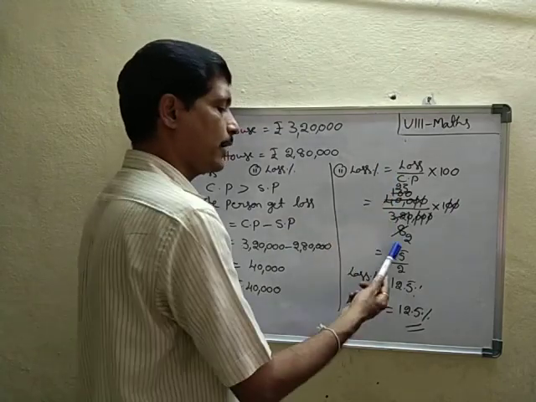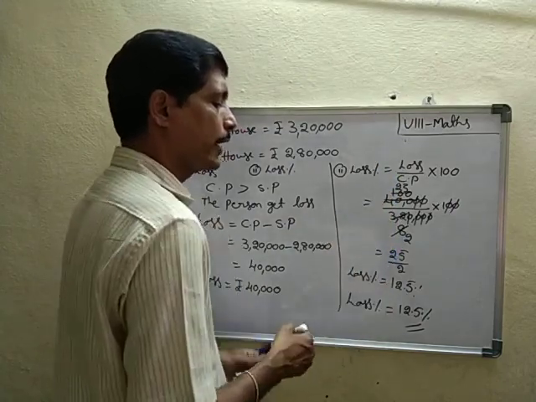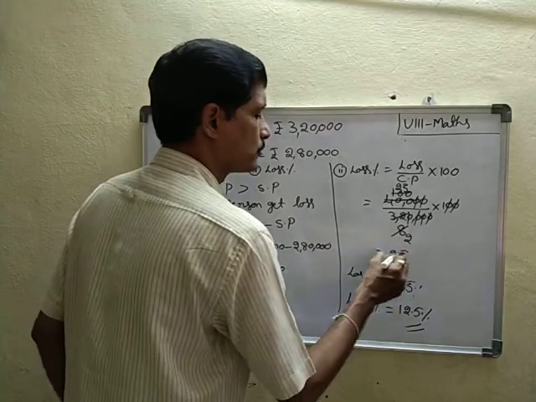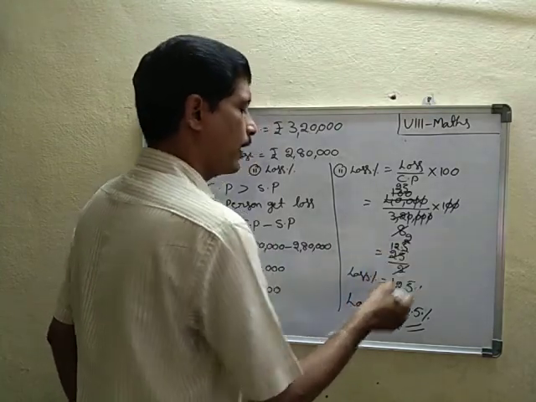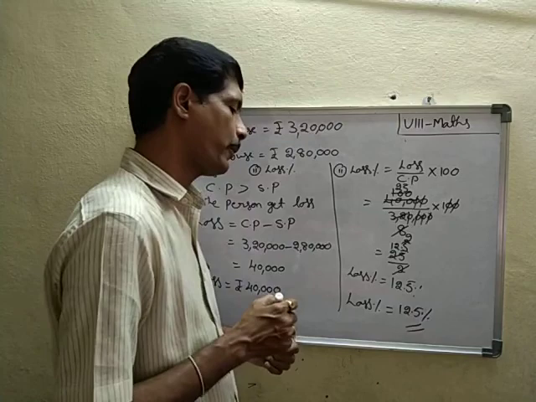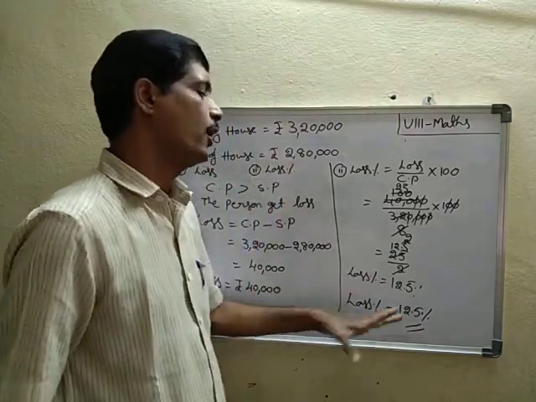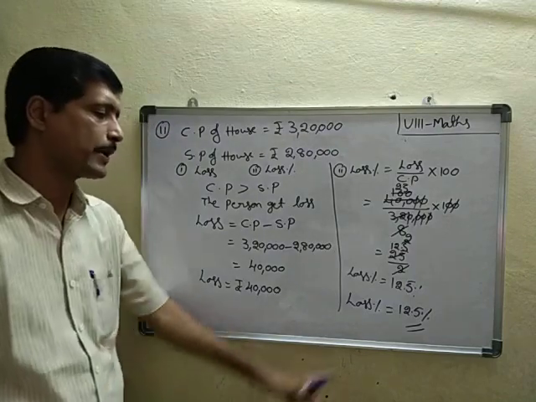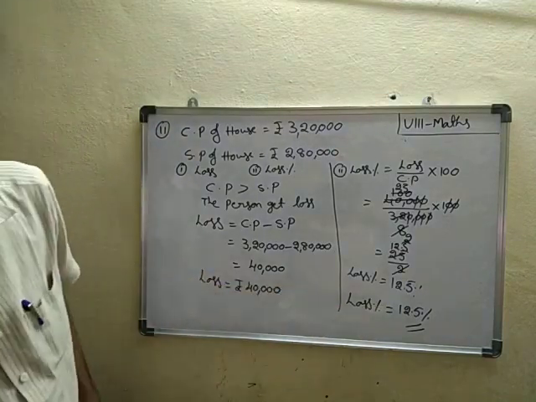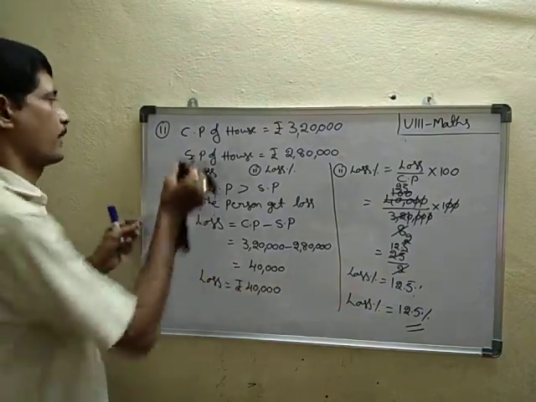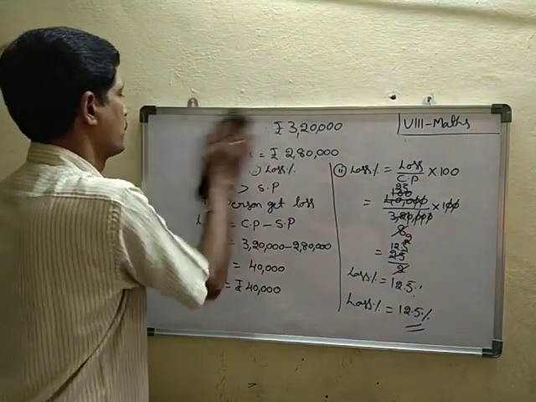Anything, your choice. 25 by 2 means cancellation. You get 12.5. Therefore loss percentage is 12.5%. Therefore the person gets how much loss percentage? That is 12.5 percent. Percentage means per every 100.